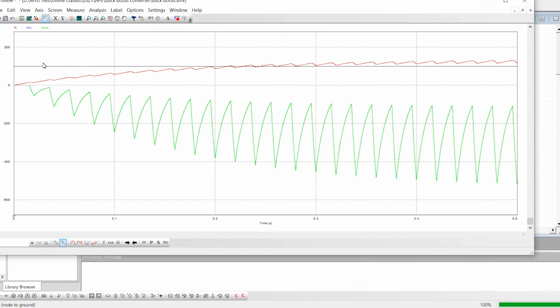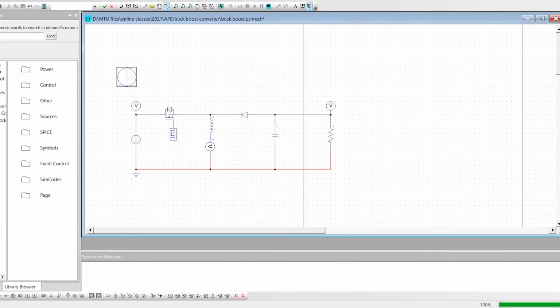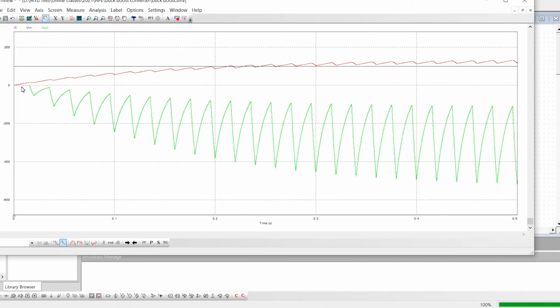It will be a straight line since it is a DC input, and this is the inductor current I. During the first instant, from here to here, the value of the current will increase since the inductor is in the charging mode, and during this time there won't be any voltage. See, it is 0.